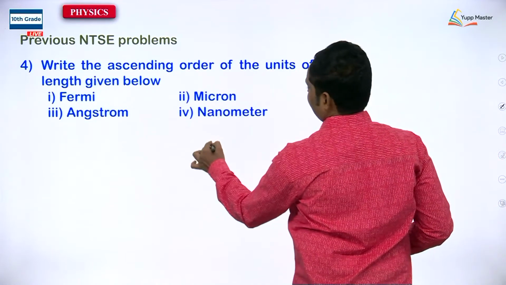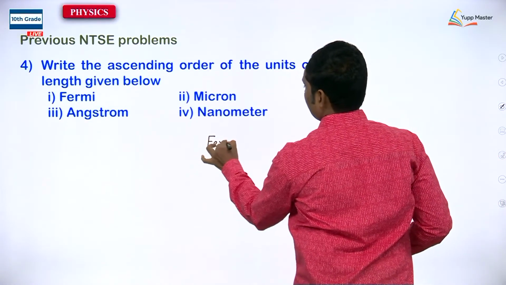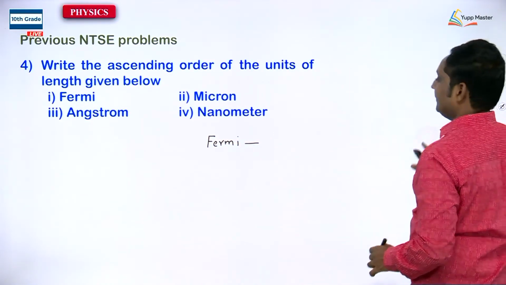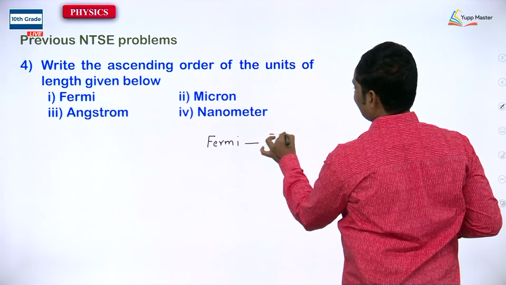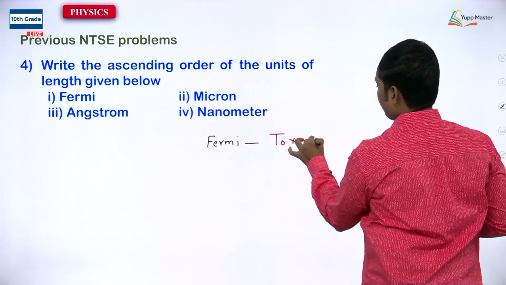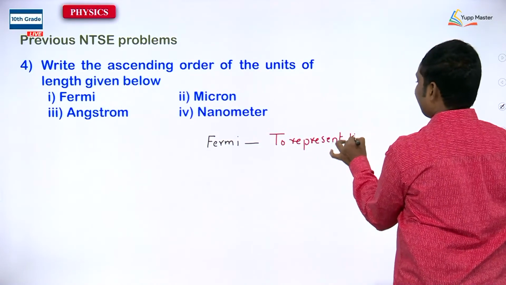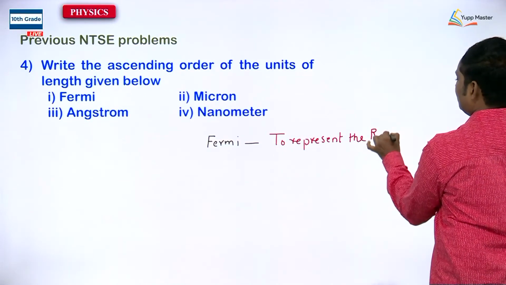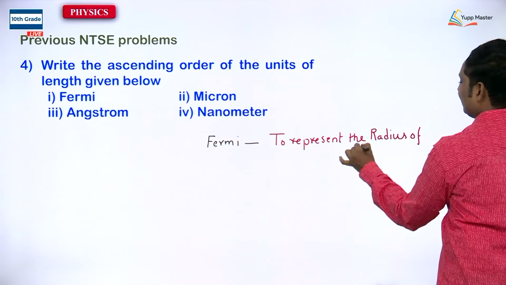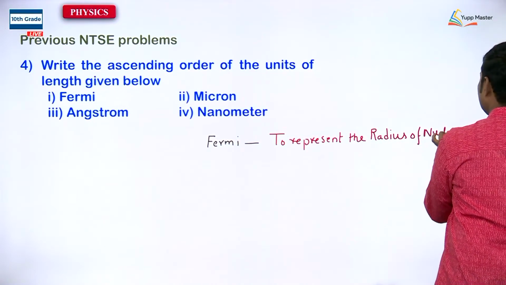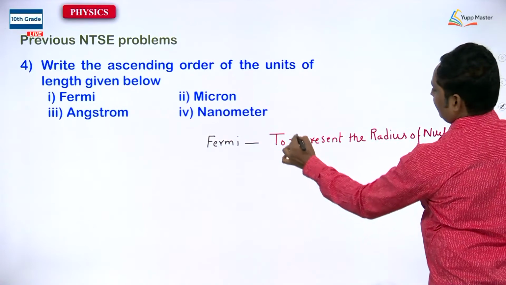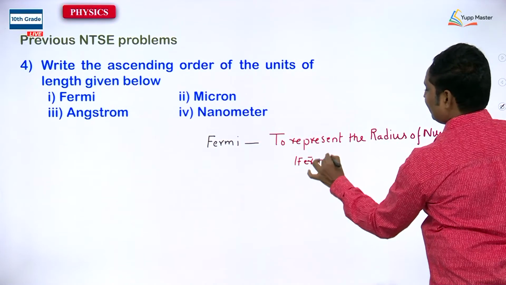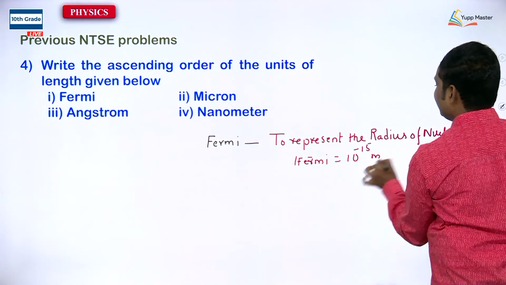You can take Fermi, which represents the radius of the nucleus. 1 Fermi is equal to 10 to the power of minus 15 meter.